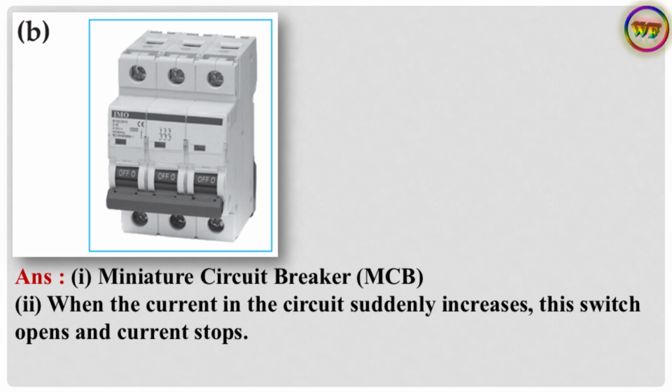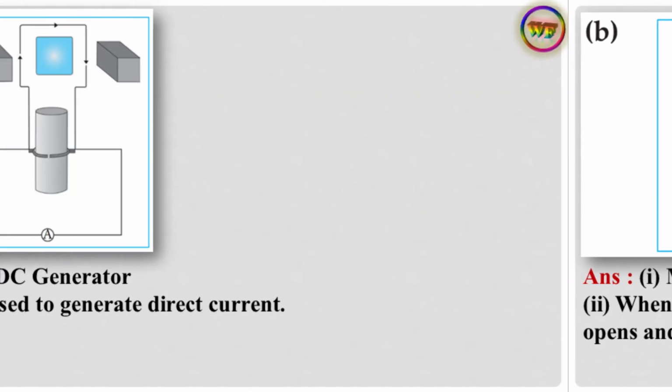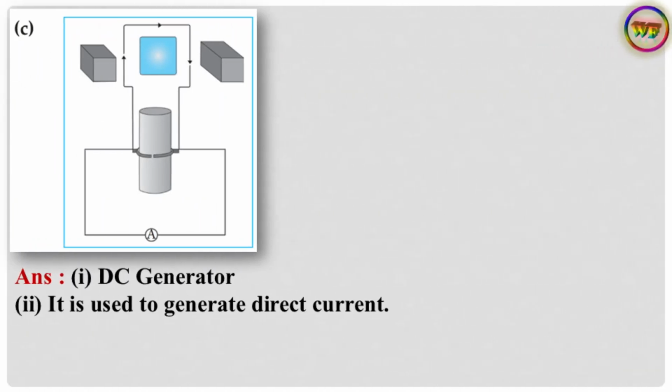Miniature circuit breaker, MCB. Point 2. When the current in the circuit suddenly increases, this switch opens and the current stops. C. Answer. Point 1. DC generator. Point 2. It is used to generate direct current.